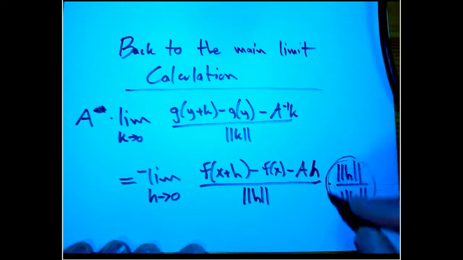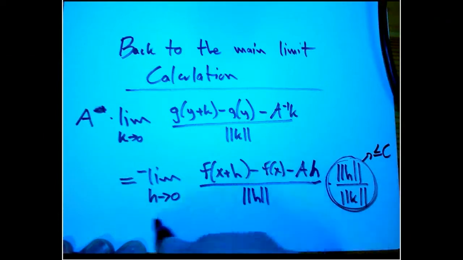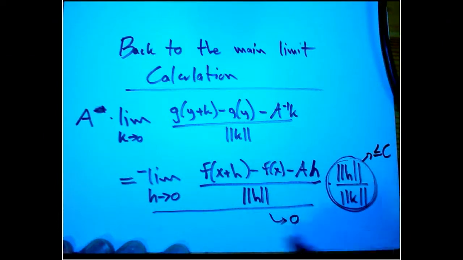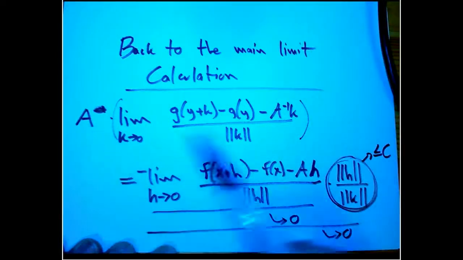And the thing is, we needed these guys to be bounded. But that's exactly what's provided by G being Lipschitz. So this guy's bounded. This is less than or equal to C, the Lipschitz constant for G. This guy is going to 0. So the whole thing goes to 0. So we wanted to know that this goes to 0. But we've got that A times it goes to 0.